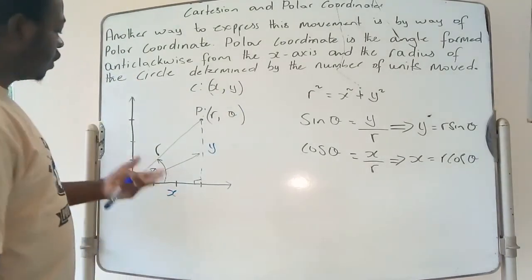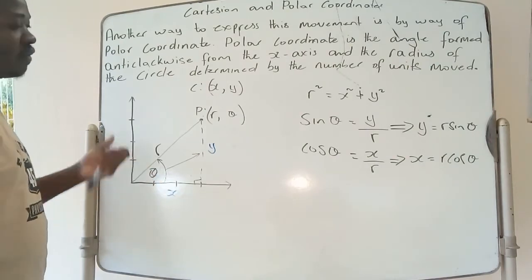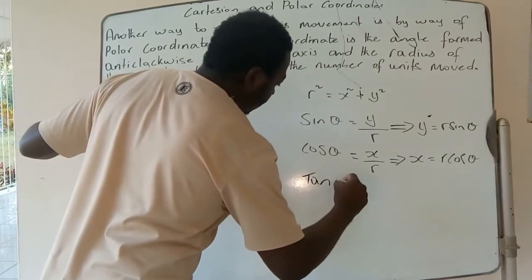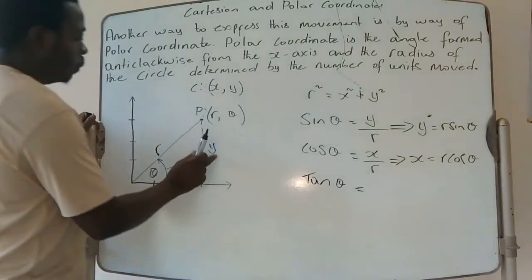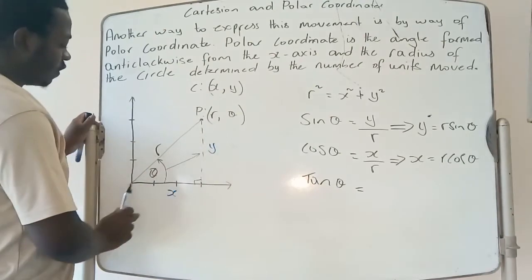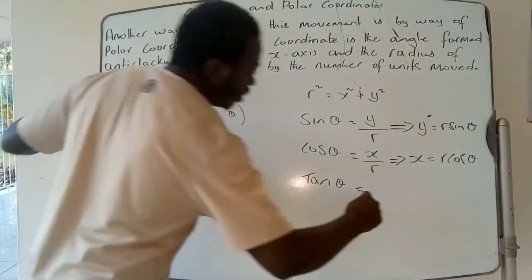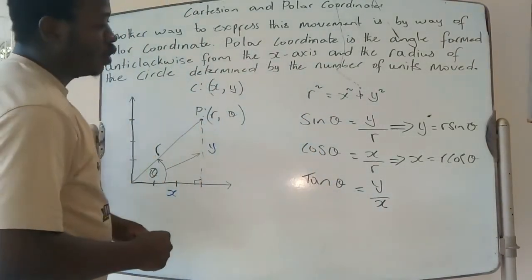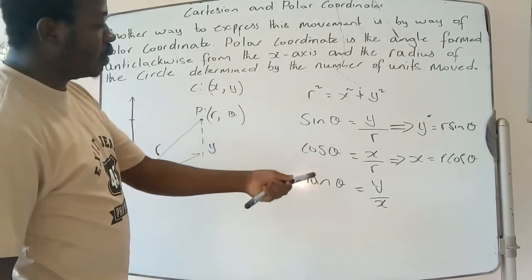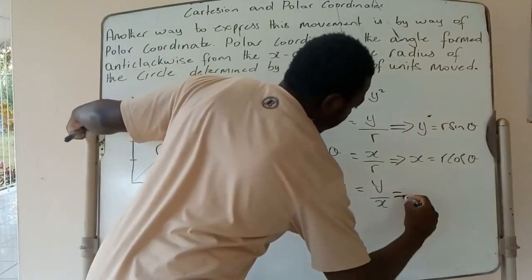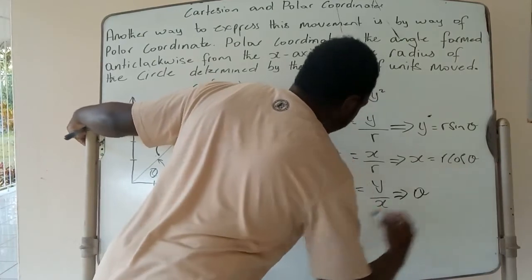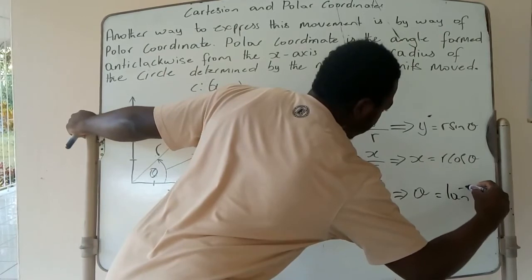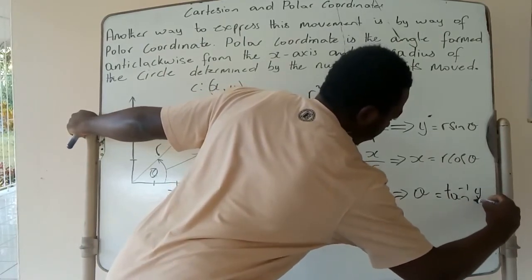Now, what else do we know? What if we take the tangent of this angle? We could say that tangent of theta is equal to the opposite length, which is y here, over the adjacent length, which is x. So this is just y over x. Right? But what does this imply? This implies that theta, which is the angle here, is equal to tan inverse of y over x.